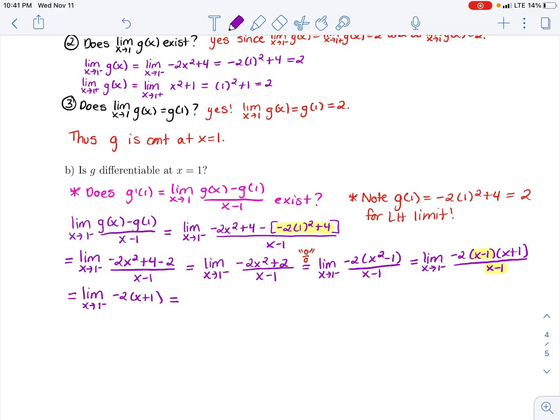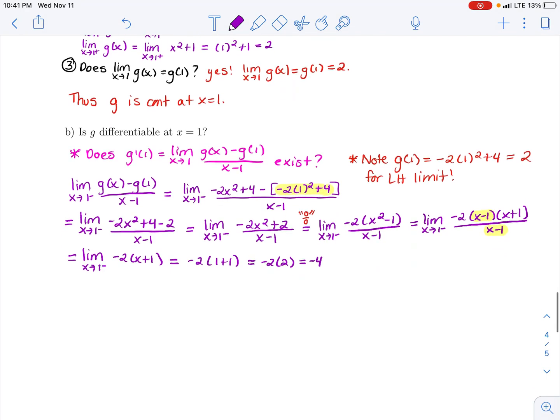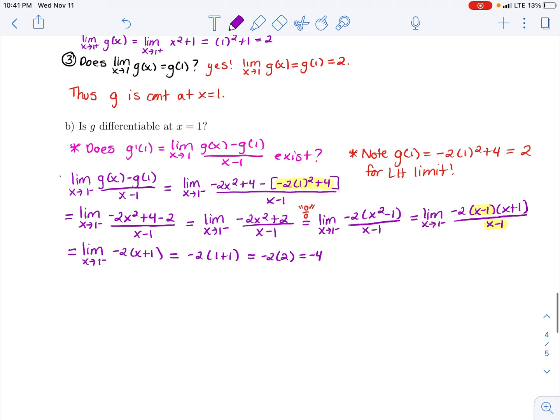Now I want to plug in 1. I get negative 2 times 1 plus 1, which is negative 2 times 2, which is equal to negative 4. So this was just the limit as x approaches 1 from the left.